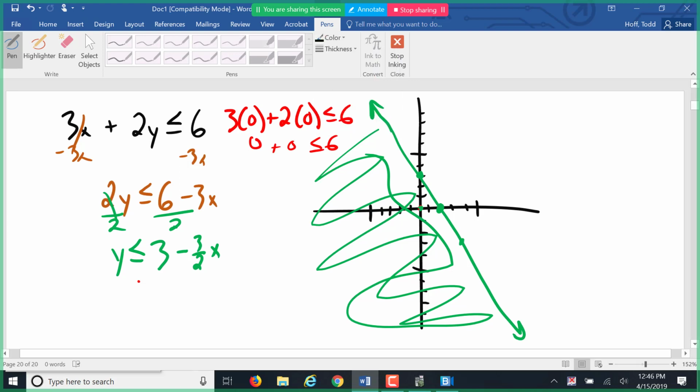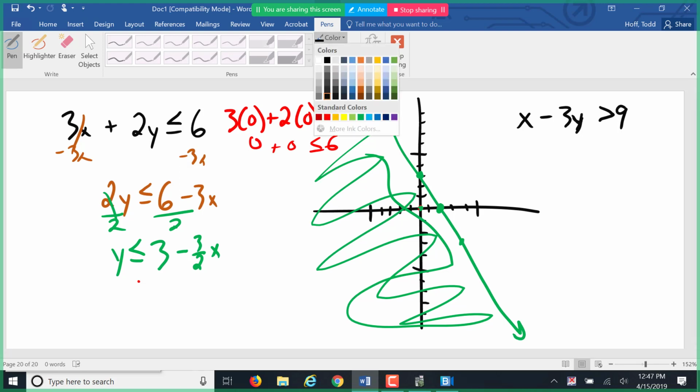While we've been talking about multiple equations together, it's time we talk about multiple inequalities together. What if we then also have x minus 3y is greater than 9? Well, first we would have to graph that.